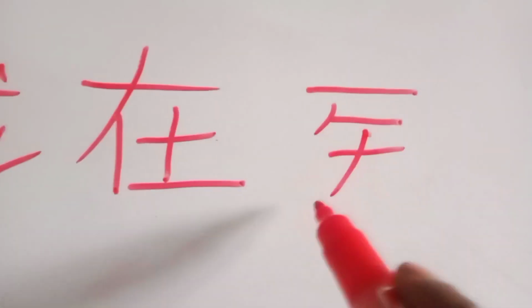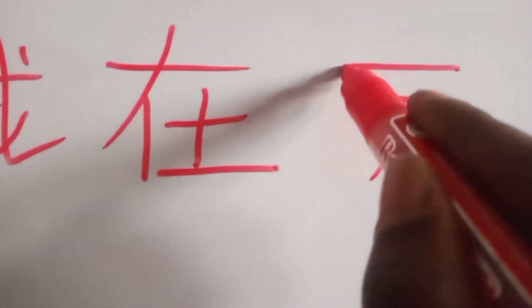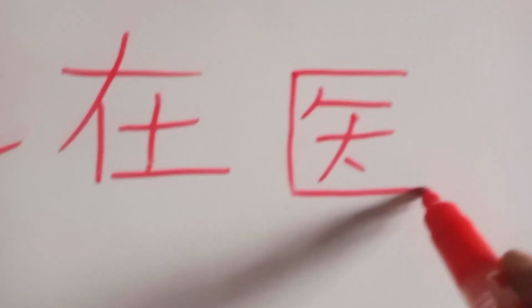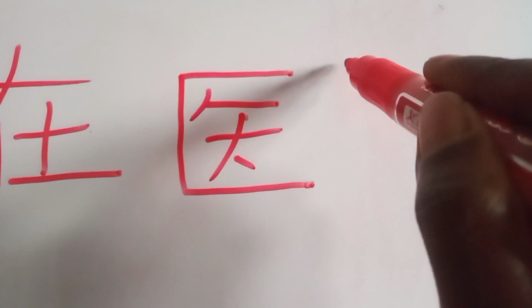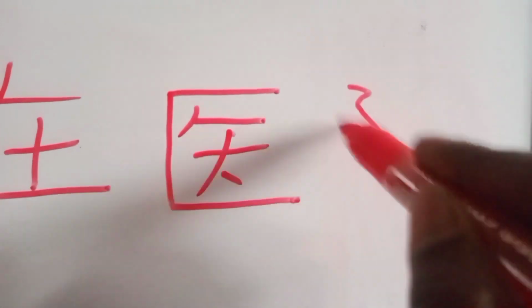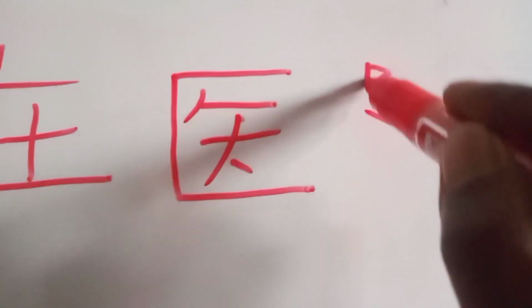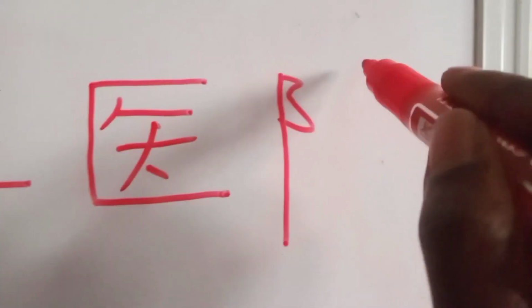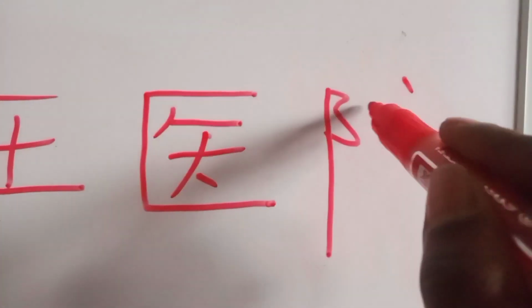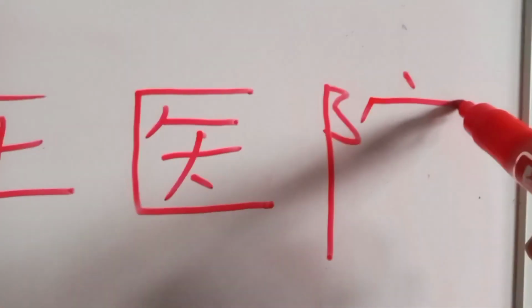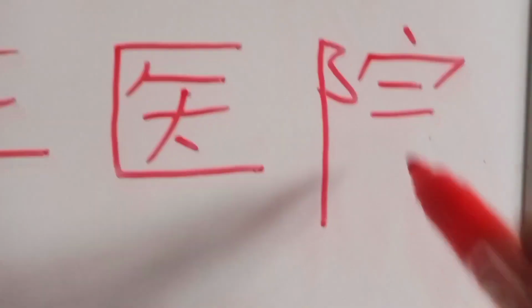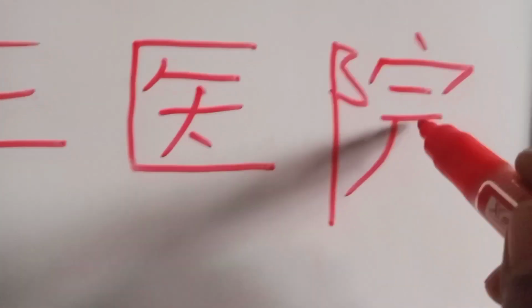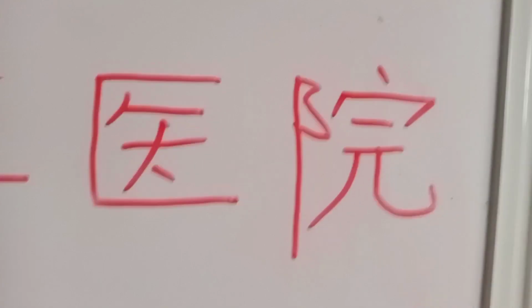Like this, like this, like this, and then close the hospital building. Yuan, this is how to write yuan. This radical that looks like 3 will be here, and you drag this one down. Then you do like this dot, go like this hook, like this, like this, like this, and like this. This is yuan, and this is gōngzuò.